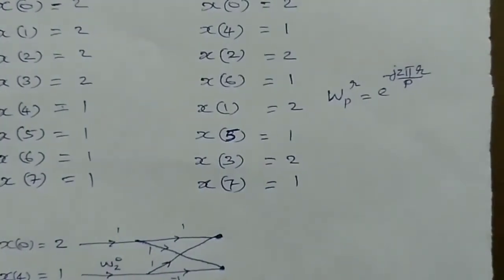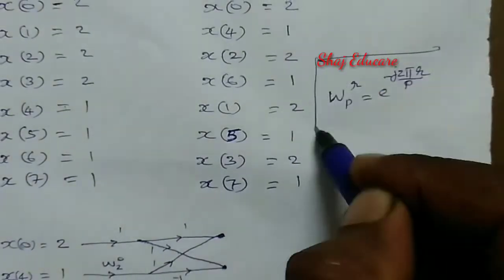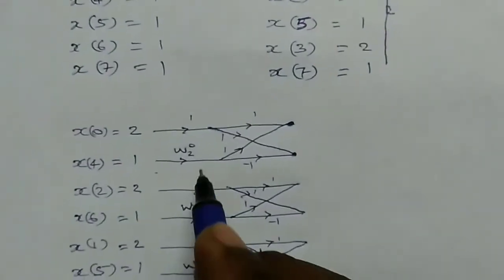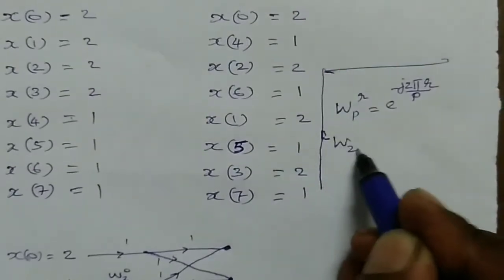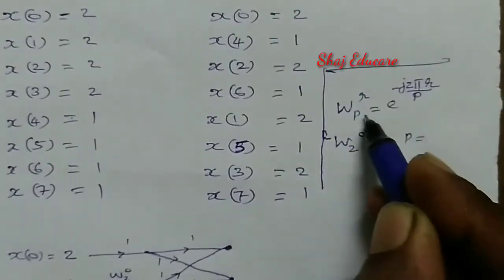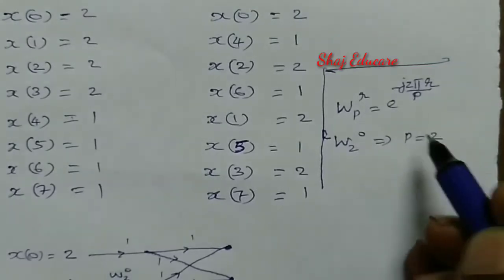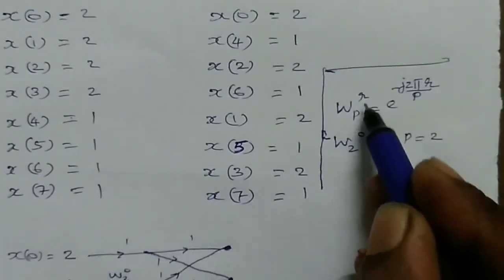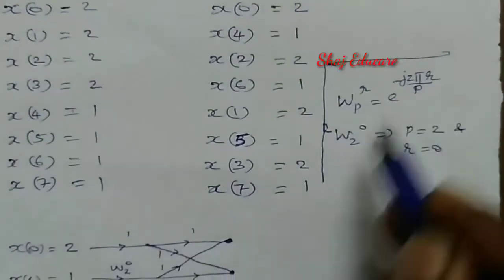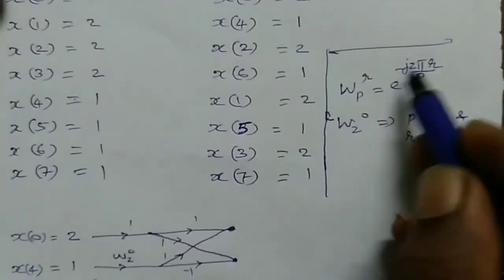This is the basic equation. Here in our case it is W2 raised to 0, which implies that p is equal to 2 and r is equal to 0. So let us substitute in this equation.